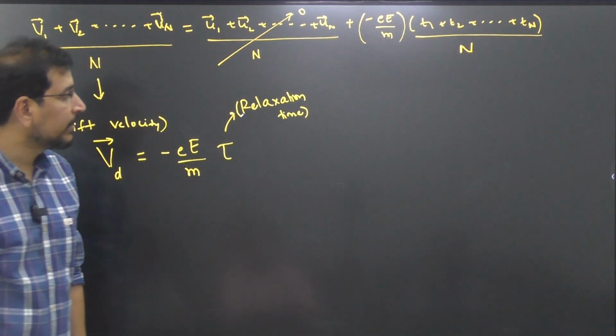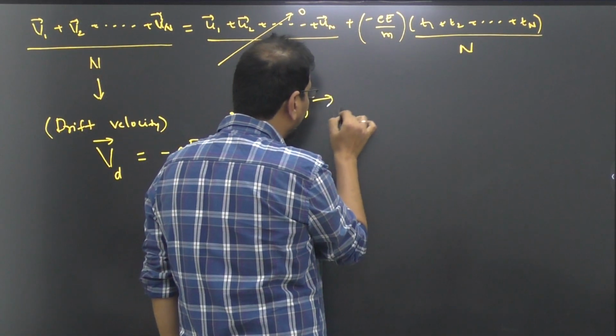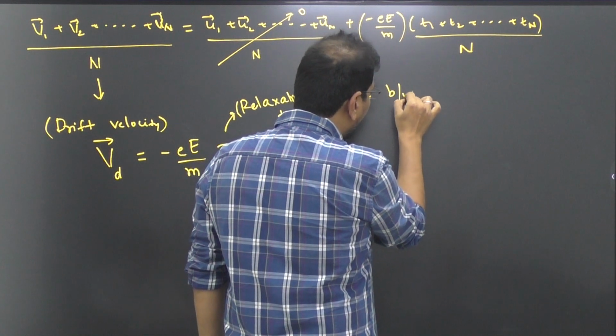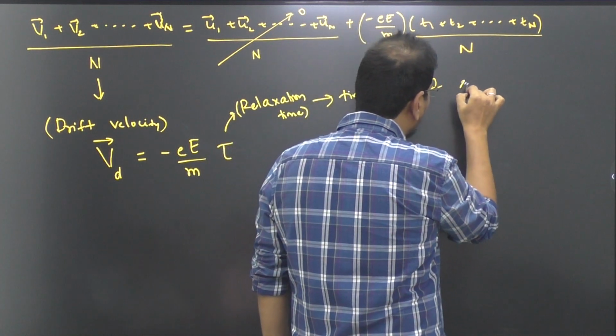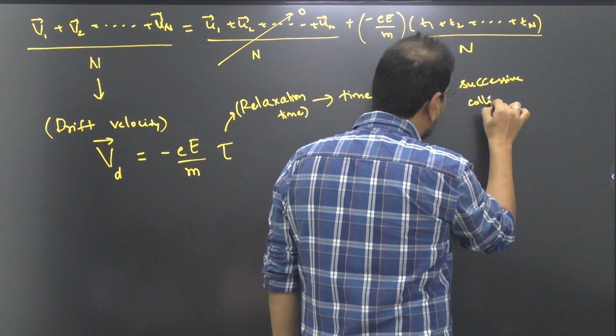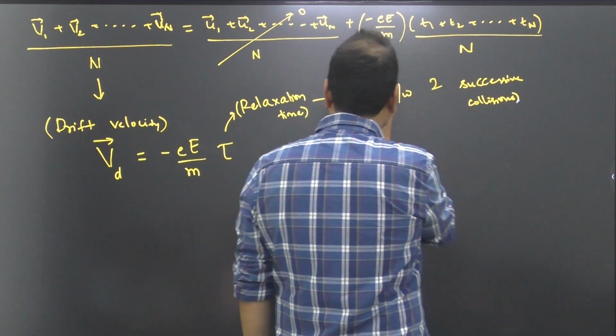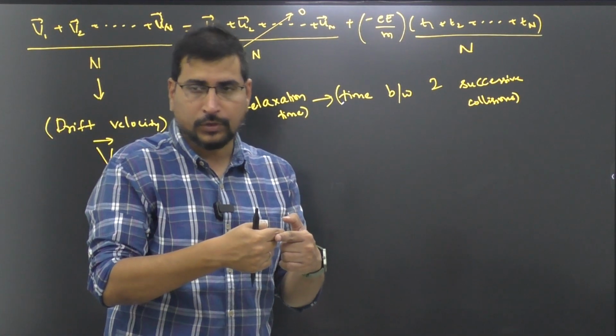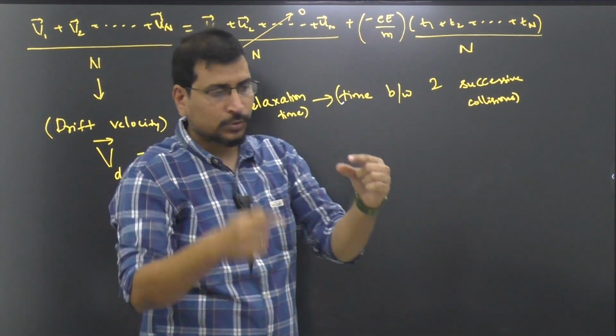So relaxation time, in terms of electrons, means the time between two successive collisions. So the time that is existing between two successive collisions is what we call relaxation time. Let's visualize what I'm trying to say.